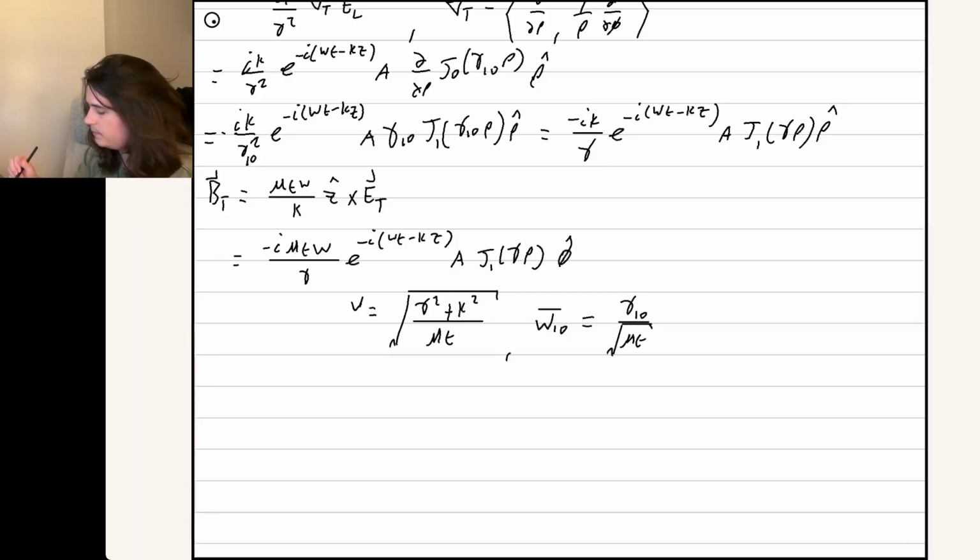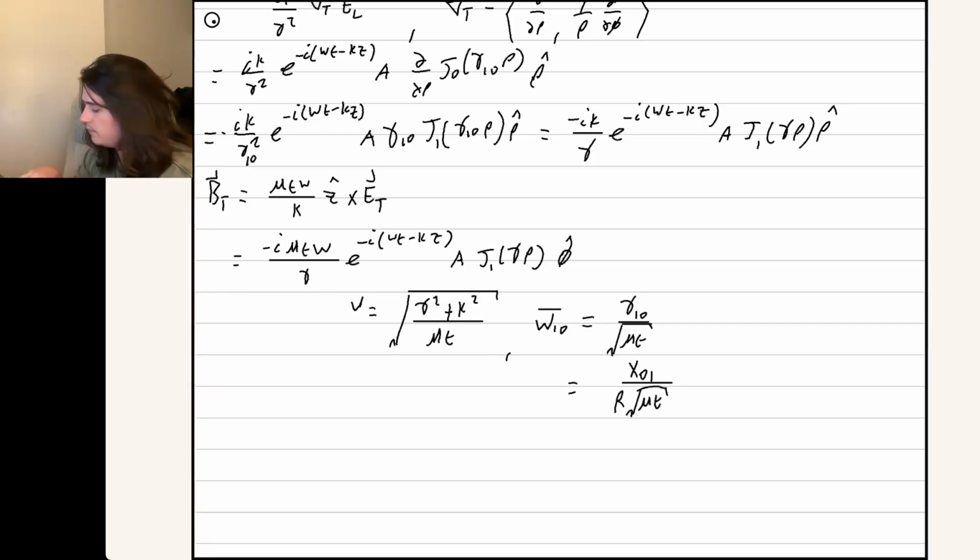And so gamma 1, 0 is going to end up being just x0, 1, the first root of the 0th Bessel function, over r, and then mu epsilon, and then you have your frequency in terms of stuff that are just in the problem.